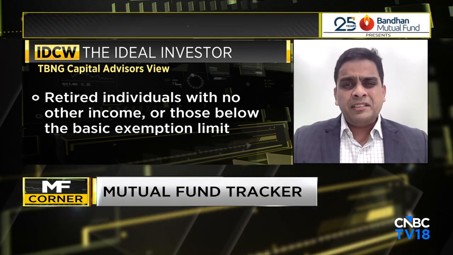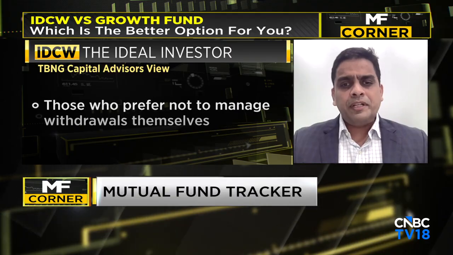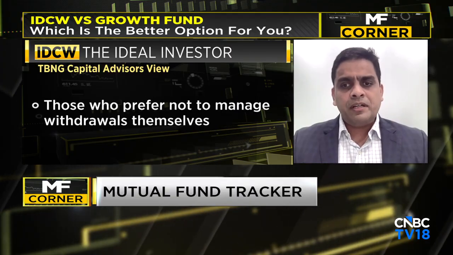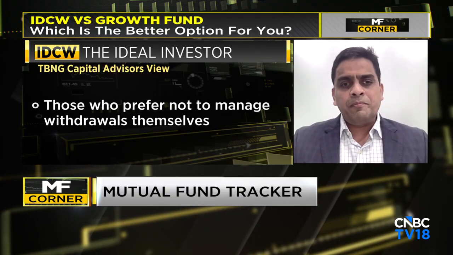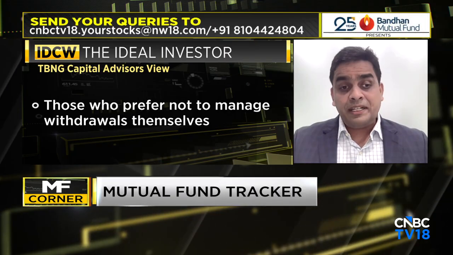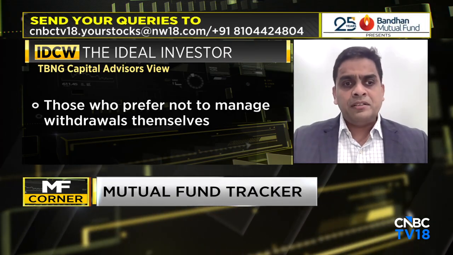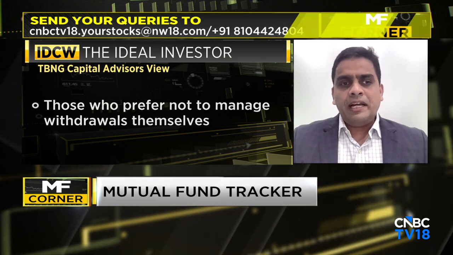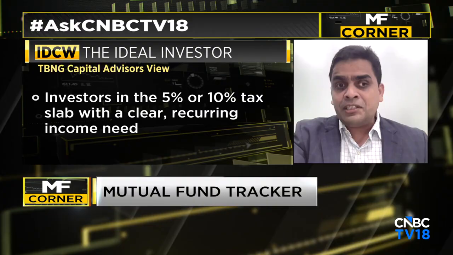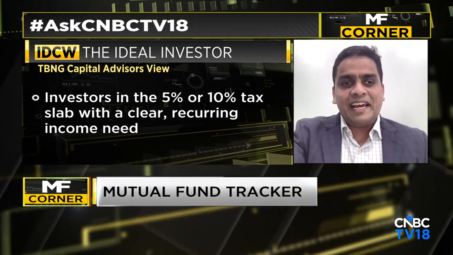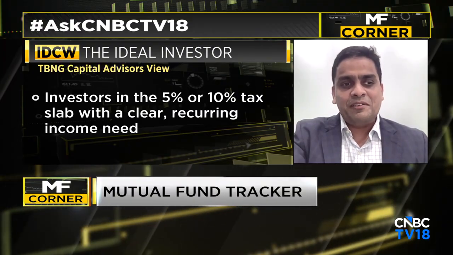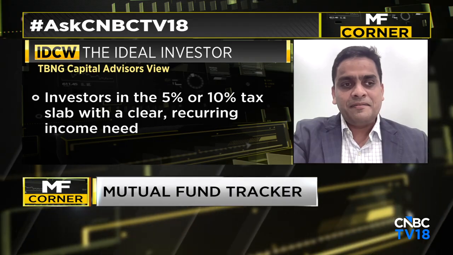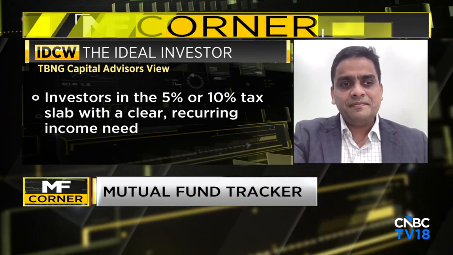And I feel IDCW is only relevant for a very small set of investors where the income level falls in the 5% tax slab or the 0% tax slab, which I don't think exists anywhere currently. So I feel IDCW should not be discussed at all, because this is actually not an option for redemption. But people are still giving it as an option, the mutual funds.